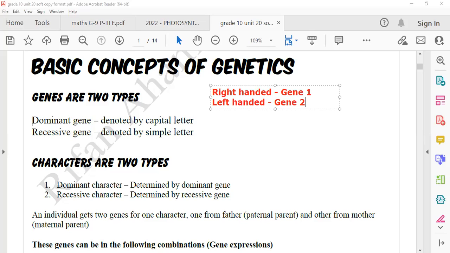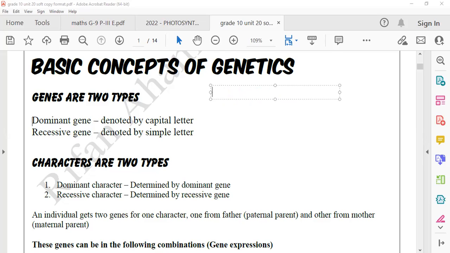Okay. So for every character, how many genes are there in our body? Tell me. For every character, how many genes are there in our body? 2.